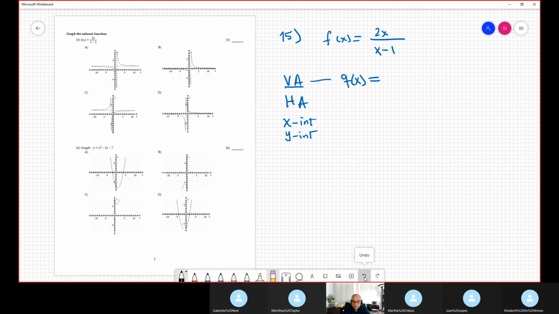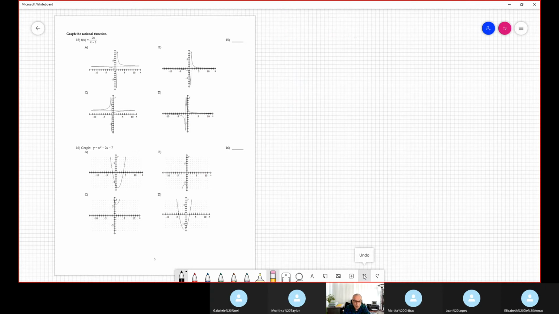16 now. 16 is to do the graph of the quadratic function x squared minus 2x minus 7.